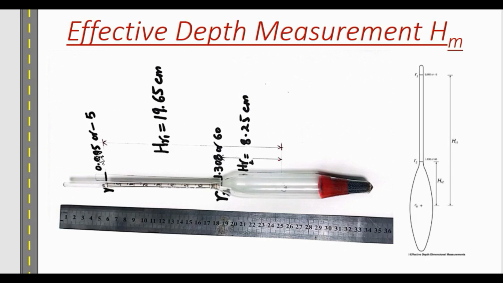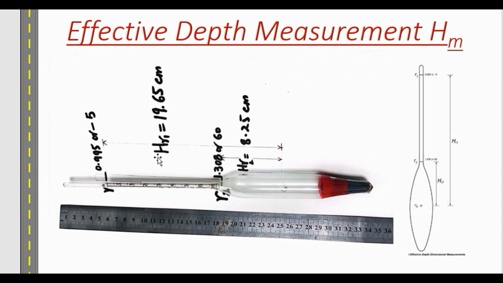In case of hydrometer 151H, R1 is equal to 0.995, and in case of the 152H hydrometer, the R1 value will be -5. On the other hand, R2 in case of 151H is 1.308, and in case of 152H it is 60.